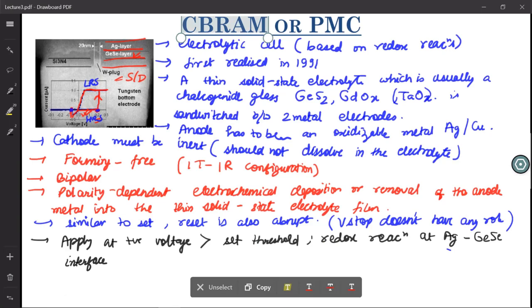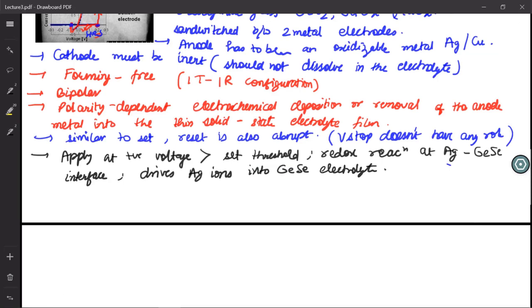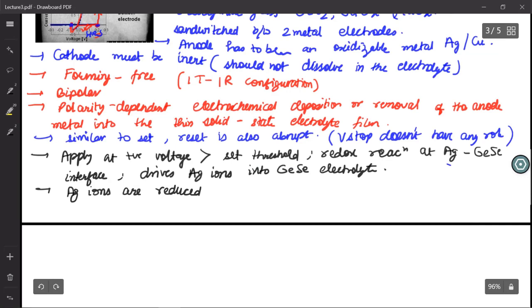What it does is drive the Ag ions into your GeSe or chalcogenide electrolyte. So these Ag ions are forced inside this electrolyte, and inside the electrolyte the Ag ions are reduced and form metal precipitates.